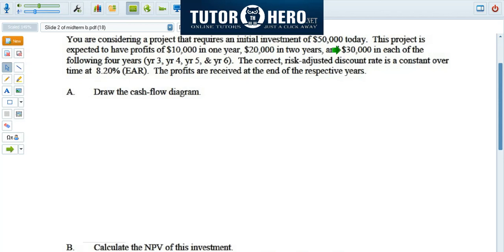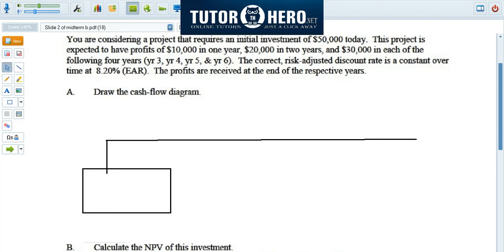So the first step of almost any net present value problem, and the first step of this problem as well, is to draw a cash flow diagram. What does a cash flow diagram look like? Well, you're going to start with a line. This line is like a timeline, and you're going to go through each time period where something happens and indicate it. So at the start of the problem, you spend $50,000.